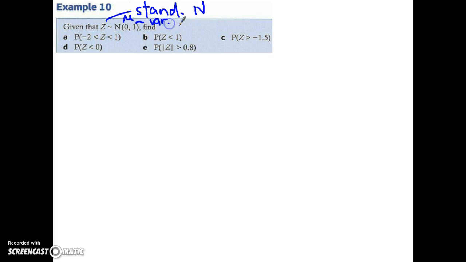If my variance is 1, my standard deviation is also equal to 1. Keep in mind that my variance is simply standard deviation squared, or you can say the square root of variance is equal to my standard deviation. These are not new. We learned about this before, so keep that in mind.